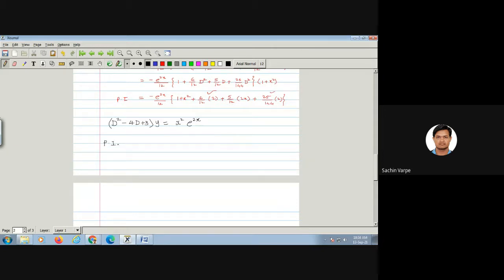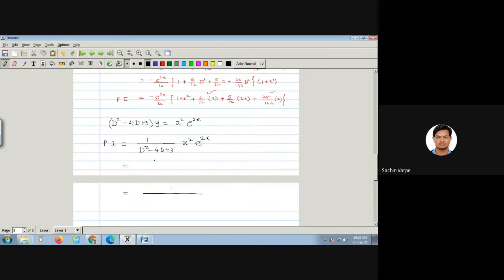So let us find here. Particular integral is equal to 1 upon phi of d, that is d square minus 4d plus 3, times x square e to the power 2x. Right? So write the exponential function outside the operator. First of all, let us write this phi of d in terms of factors so that it will be easy for simplification.